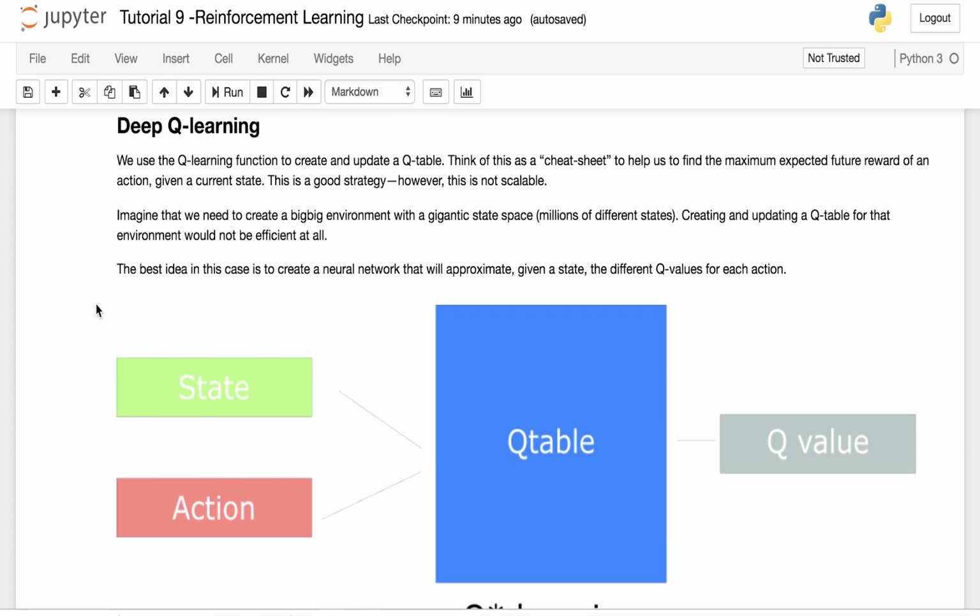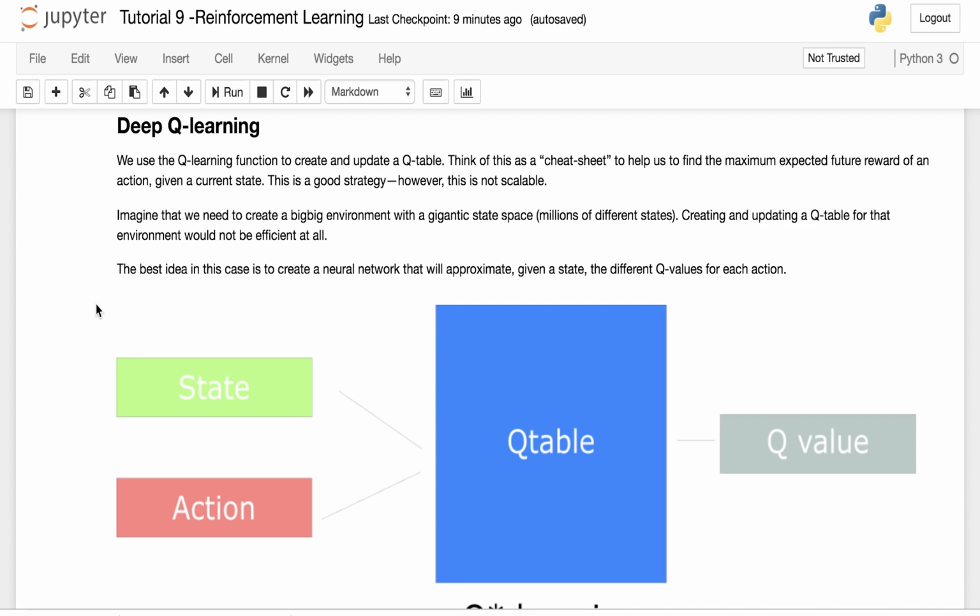This is an actual table that consists of all our states and actions. This strategy is very suitable for mid-range and small problems where you have finite steps in your exploration.